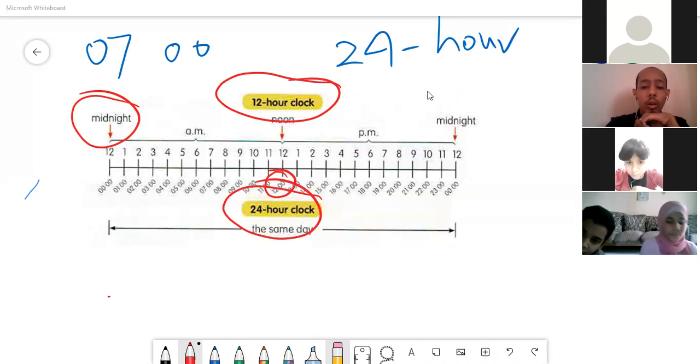When we reach 12 in the 24-hour system, it is 12 p.m.